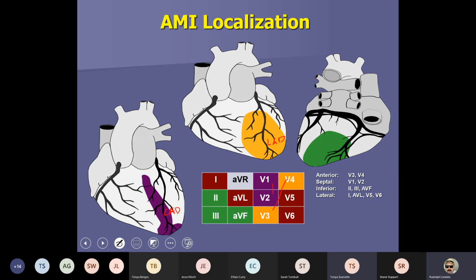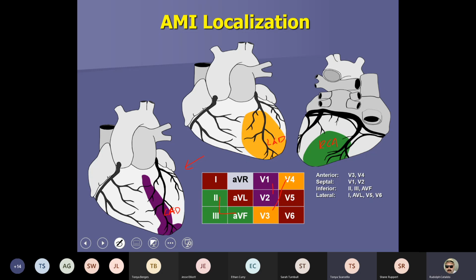2, 3, and AVF look at the right side of our heart, and that is going to be our RCA, right coronary artery. I, AVL, V5, and V6 look at the heart laterally, so from the side.